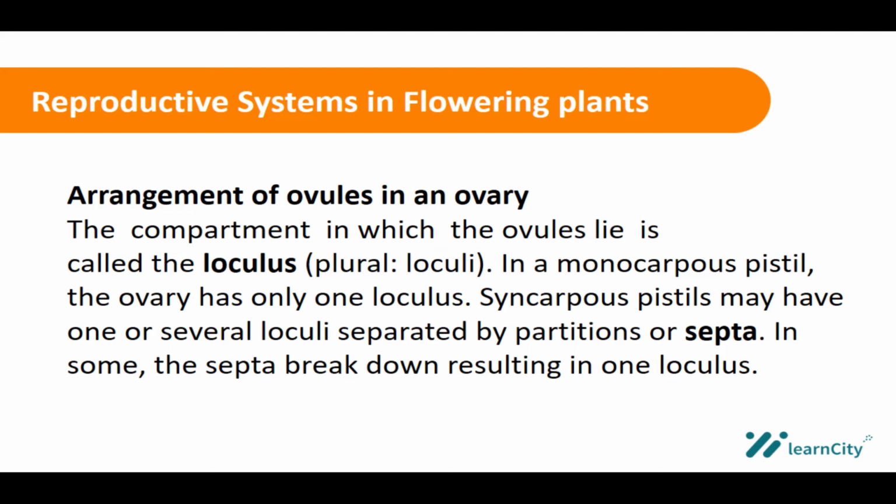So in syncarpous pistils, we could have one, or two or three or several loculi, and each of these areas where the ovules lie is separated by partitions called septa. Now, in some plants, the septa break down, resulting in one loculus.